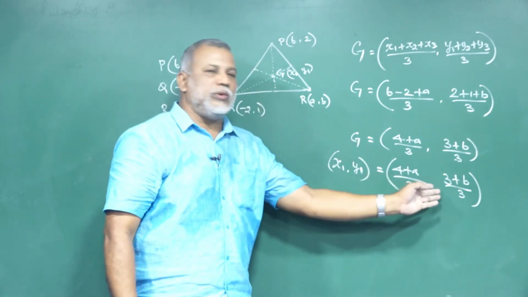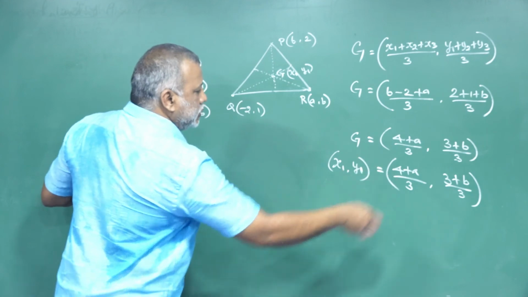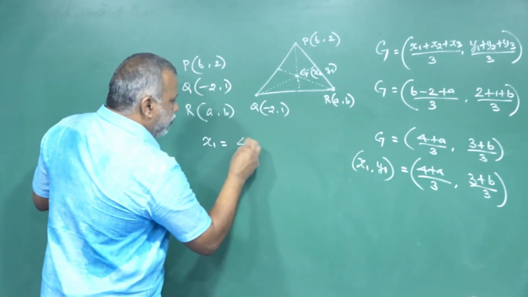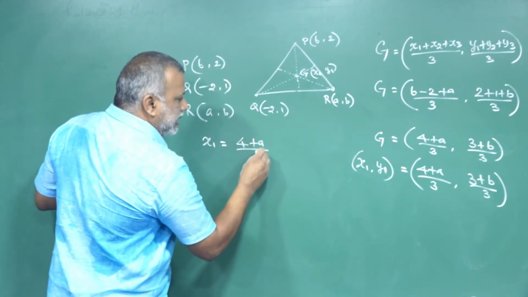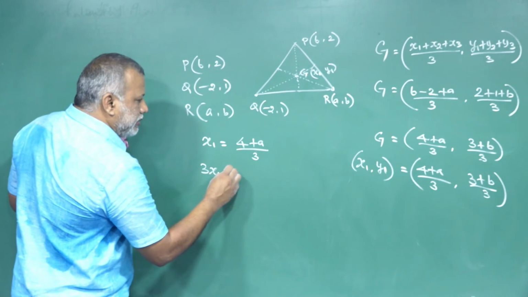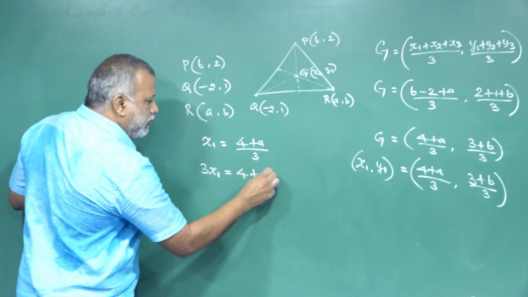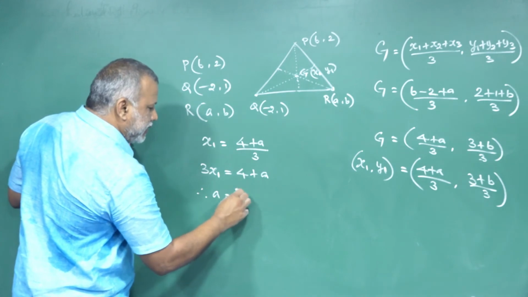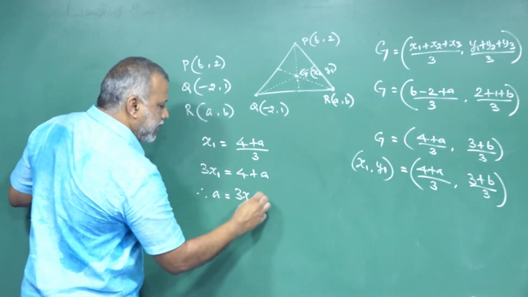Comparing these two, x1 is equal to (4 plus a) divided by 3. Then cross multiply, 3x1 equal to 4 plus a. Then I can say a equal to 3x1 minus 4.